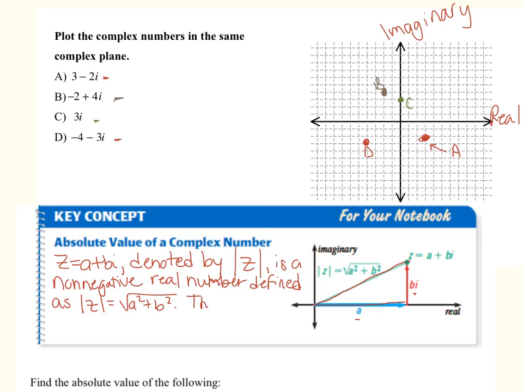This is the distance between z and the origin on the complex plane.